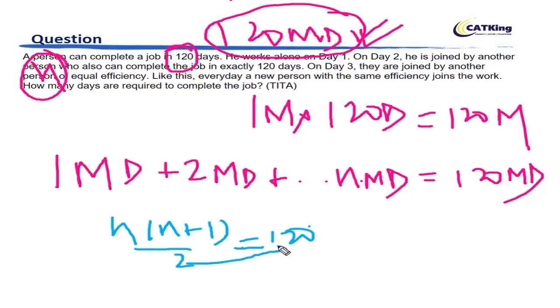Now this into 2 becomes 240, right? Now if you actually split this, all you have to do is factorize this number.